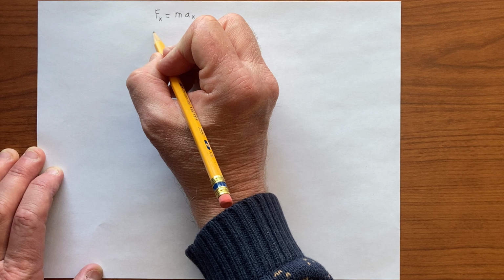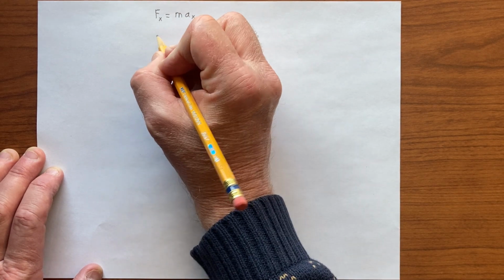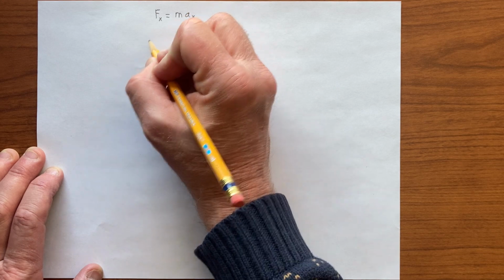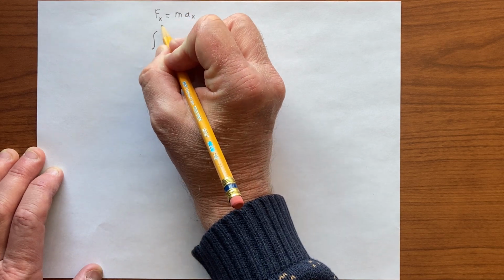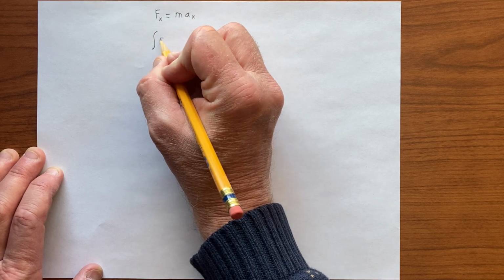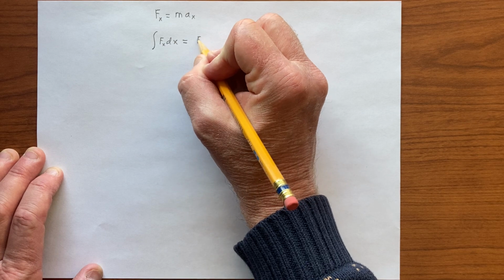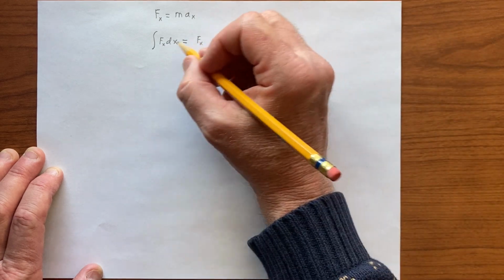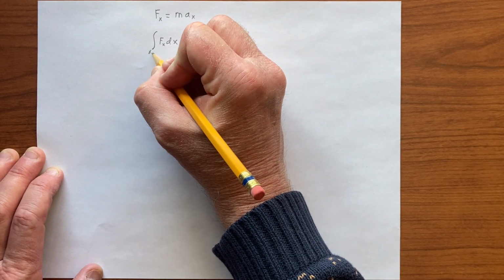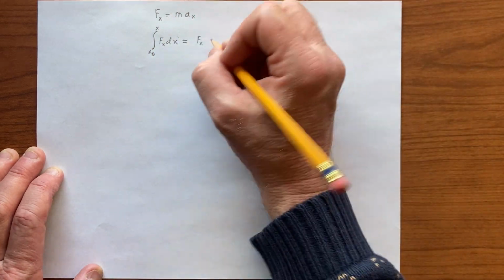And from the perspective of work equals delta K, it must be true that if the force is a constant and the acceleration therefore is constant, then we have Fx dx, and that ends up being Fx times some, let's say we go from x naught to x, so this is sort of some prime variable.